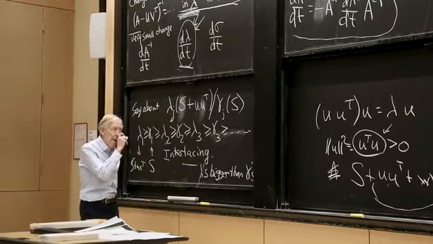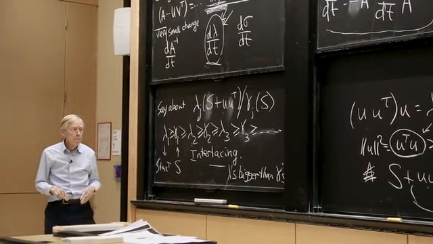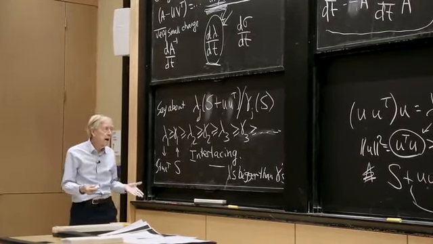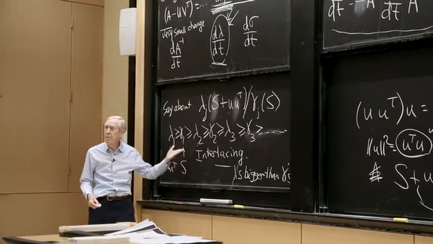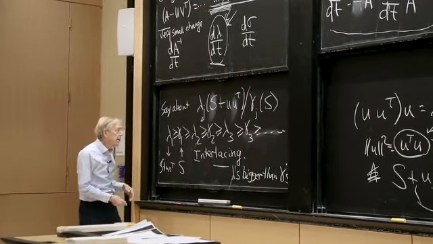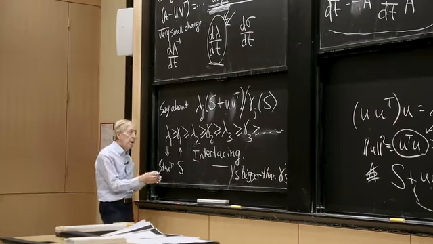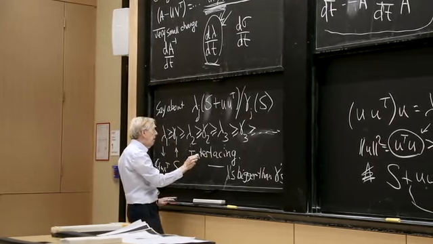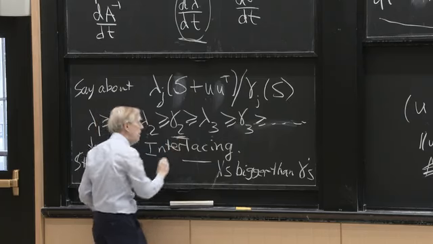So now I've added a rank 2 positive semi-definite matrix. And now I'm not going to rewrite this line, but what would you expect to be true? You would expect that the eigenvalues increase. But how big could lambda 3 be? So gamma 2, let's follow gamma 2.